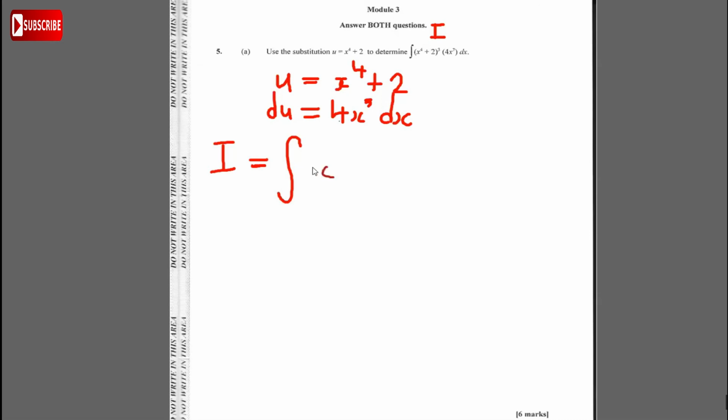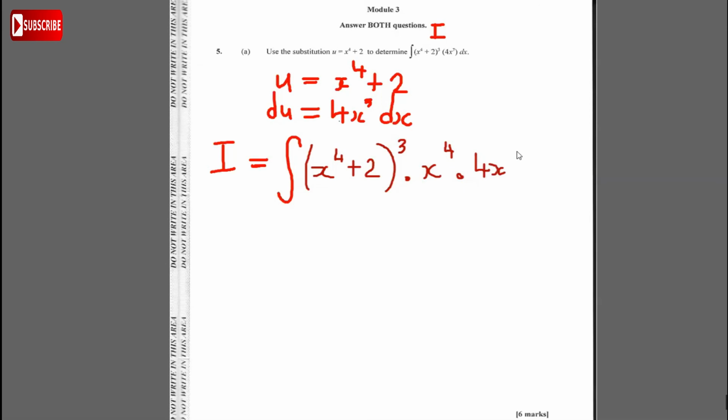So I'm going to rewrite it as x to the 4 plus 2 all cubed, and then, instead of writing 4x to the 7, I'm going to write it as times x to the 4, putting x to the 4 first, times 4x cubed dx.